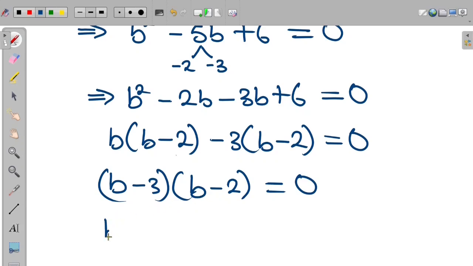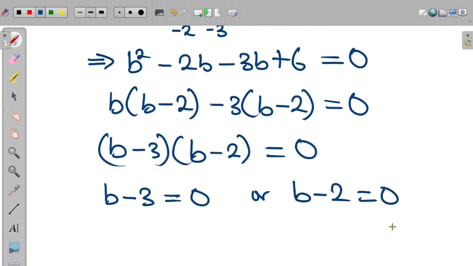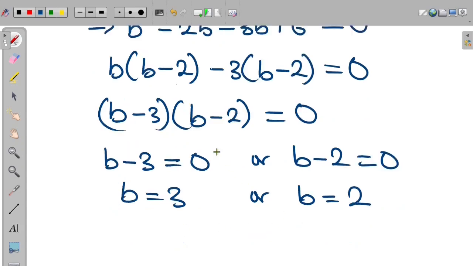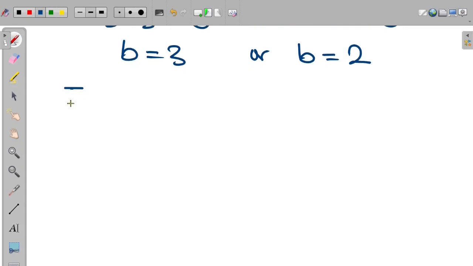So it follows that B minus 3 is equal to 0 or B minus 2 is equal to 0. So we have that B is equal to 3 or B is equal to 2. Now, to obtain the values of A, we are going to substitute B equal to 3 and B equal to 2 into equation 1. From 1, we have that A plus B is equal to 5.